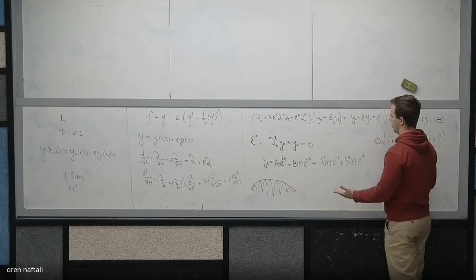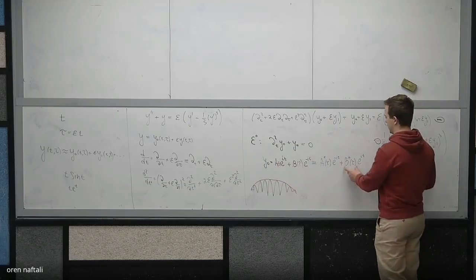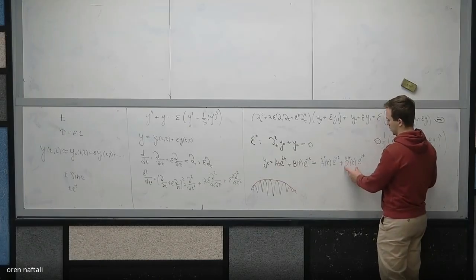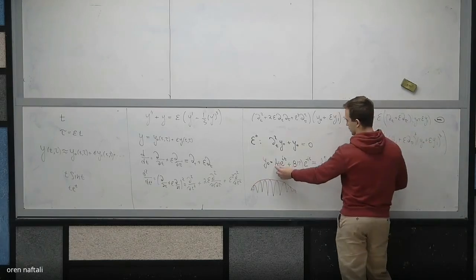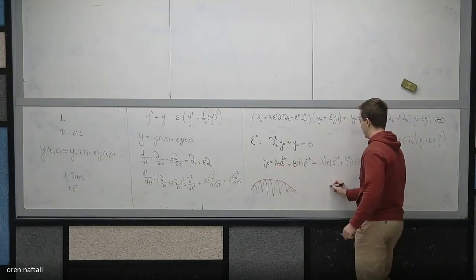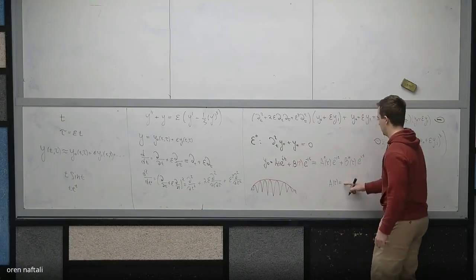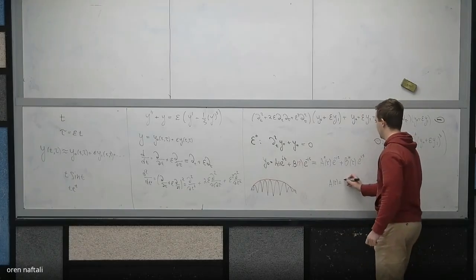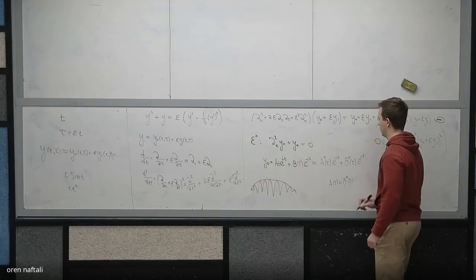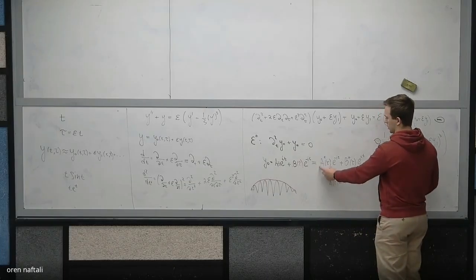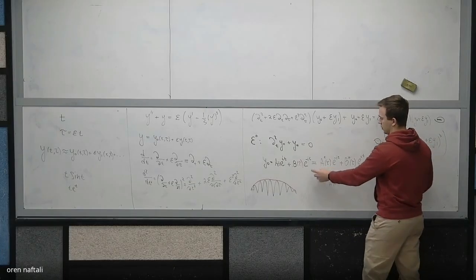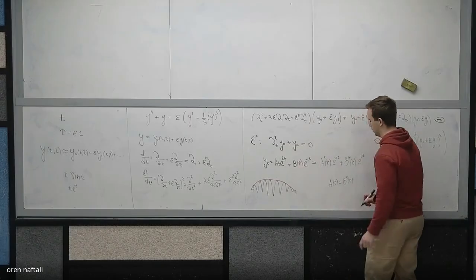What do we see here? This has to be the same as this. So A of tau has to be equal to B star of tau, and A star should be equal to B.